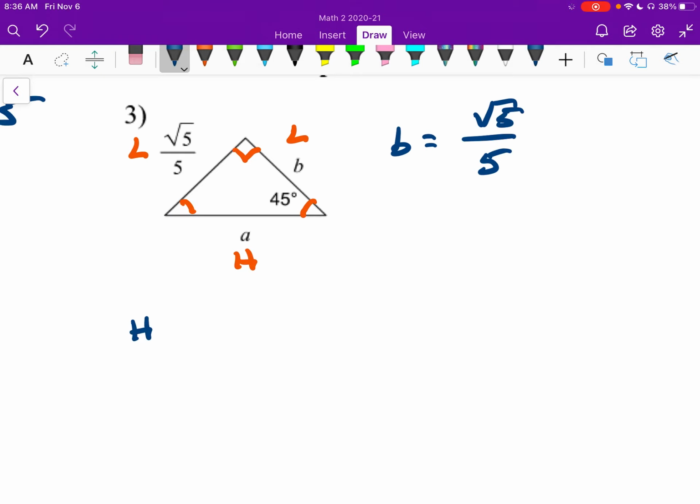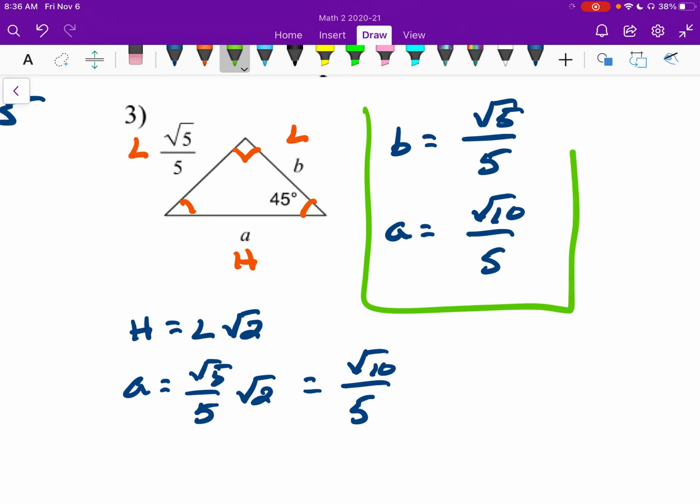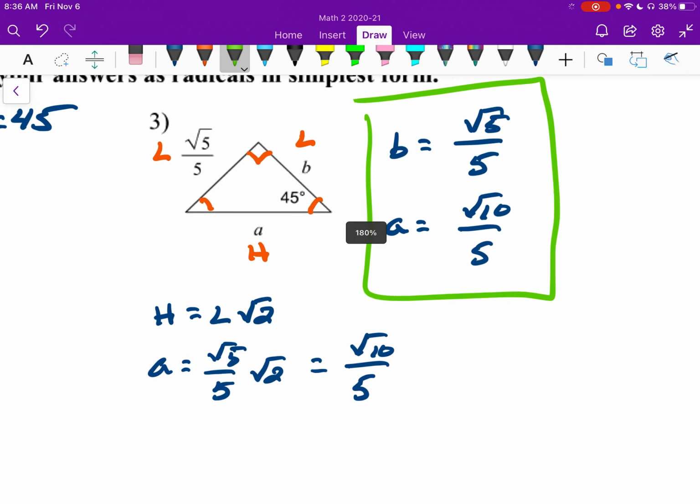The hypotenuse is equal to the leg times root 2. So A is equal to root 5 over 5 times root 2, which is going to be root 10 over 5. So A is root 10 over 5. There we are.